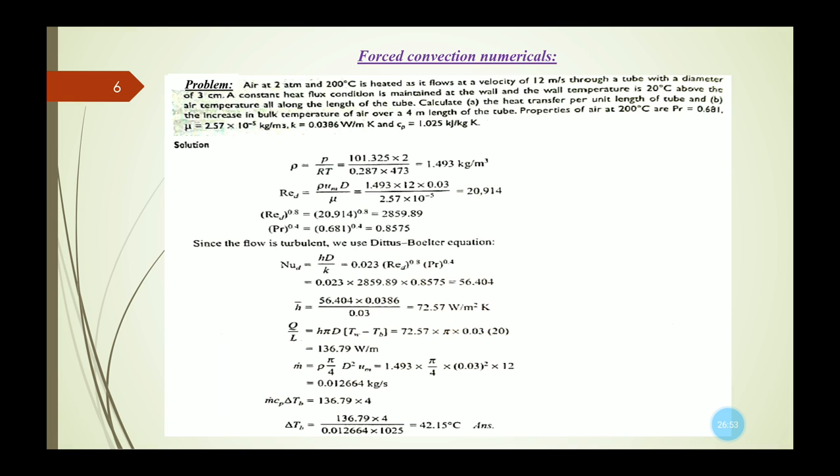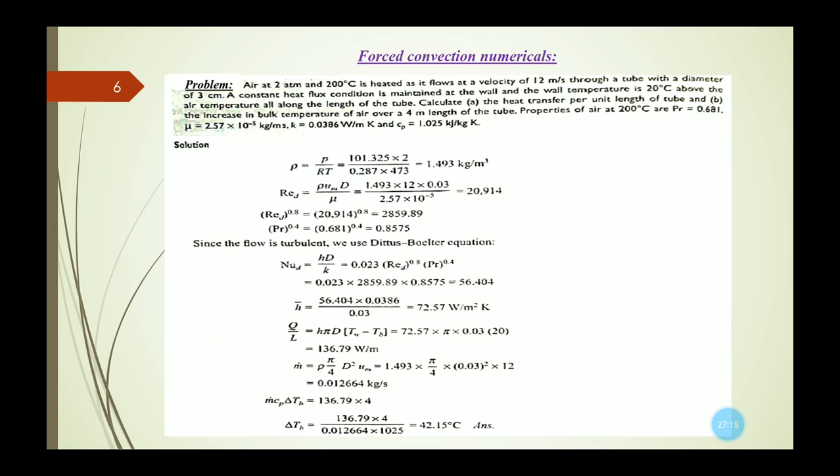So we are putting all the values. You can calculate the value of the Nusselt number, but the formula of Nusselt number is hd by k. So from this formula of the Nusselt number we can calculate the average heat transfer coefficient, that is we are getting as 72.57 watt per meter square Kelvin.